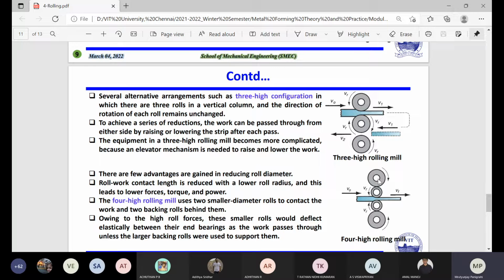And these two bigger rolls are supporting the smaller rolls. So this is another new technique: instead of the two high mill or three high mill, you go for the four high mill, right?